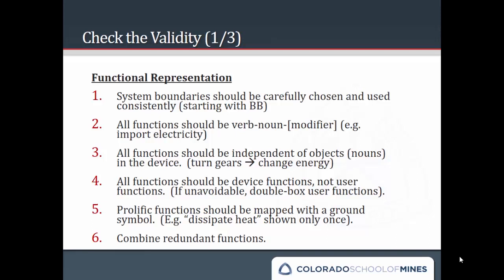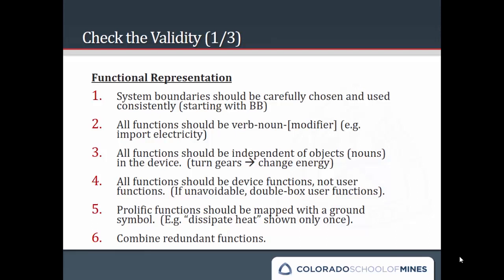So we want to make sure that we don't imply the implementation of how we're doing things, just that we're performing certain functions. We want to try and make sure that the functions are device functions and not user functions. In some cases that's not always possible. The slide says here that if it's unavoidable, use a double box for that particular function.